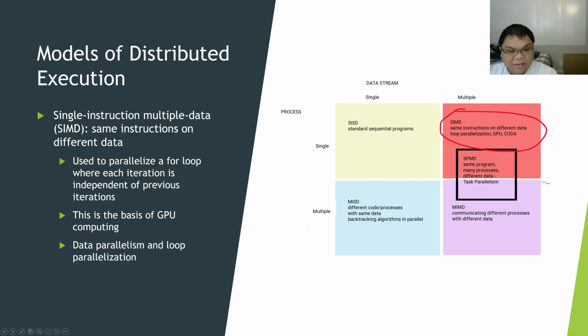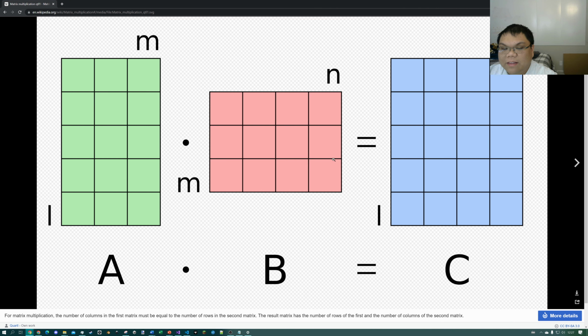Give me a second. I'm just going to quickly pull up a Wikipedia page to help me illustrate this. So, this is basically the layout for matrix multiplication. You have a matrix of size L by M multiplied by a matrix of size M by N, and you get another matrix of size L by N. This is how you compute it.